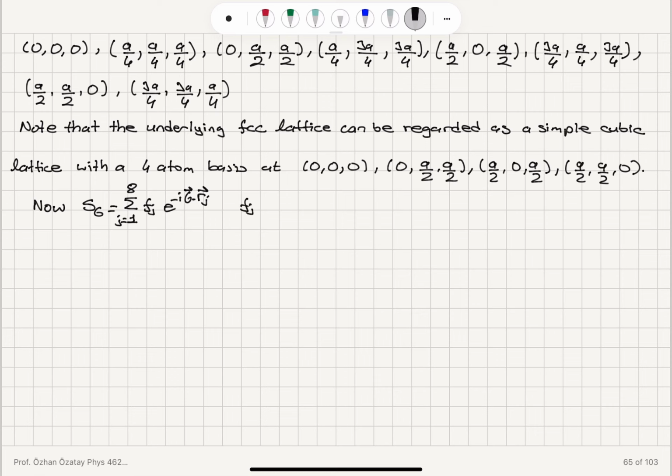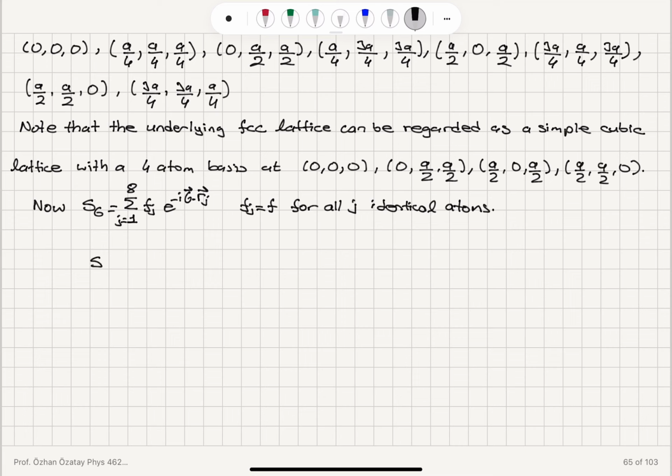The atomic form factor fj is equal to f for all j because all the atoms are identical, so the atomic form factor will be the same.